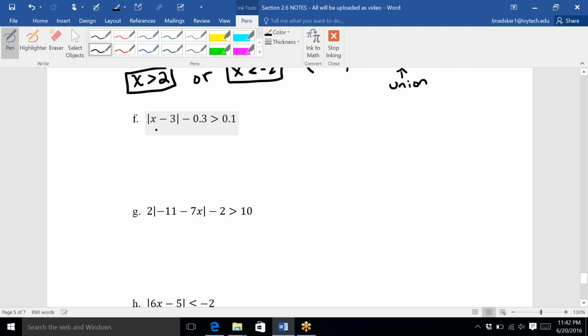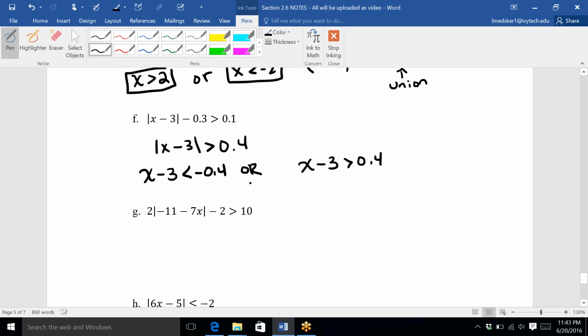A couple more real quick. If we wanted to solve this one, you have to isolate that absolute value first, just like when we did equations. So I would add that over. That would make this 0.4. And then this is a greater than. So because of the greater than, you're going to do the or case. So set the insides either less than the negative case or greater than the positive case.